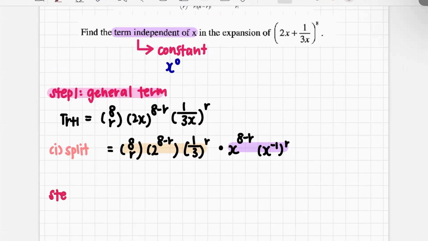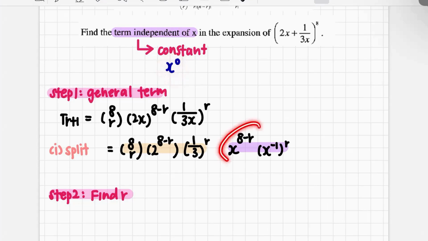After we have split up, my step 2 is to find r. And how do you actually find r? Finding r, you usually go based on the question. Like now, they say term independent of x, so I want x power 0. Sometimes they say they want the term x power 4, so then you work with x power 4.